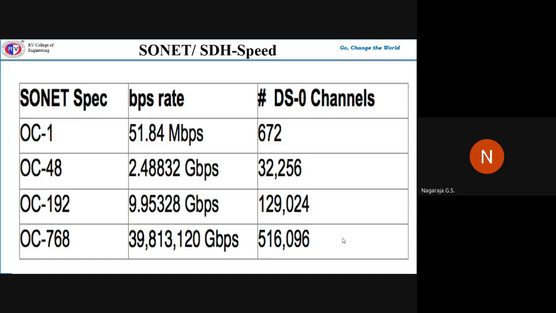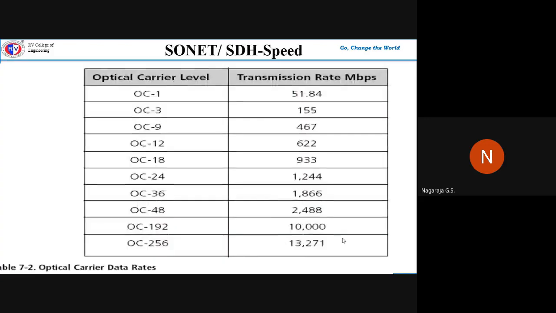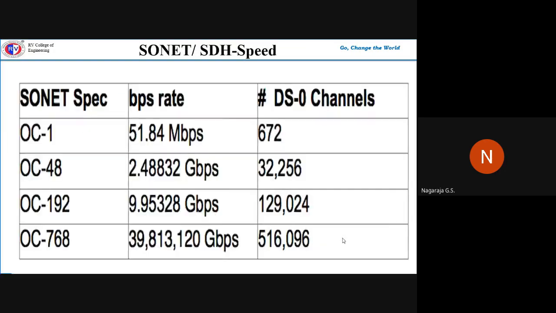Similarly, there will be a few other channels; Sonet specifications are available here. It may not be possible to remember all these channel data transfer rates and Sonet specifications. At least you can mention a few of the Sonet specifications along with their data bit rates.